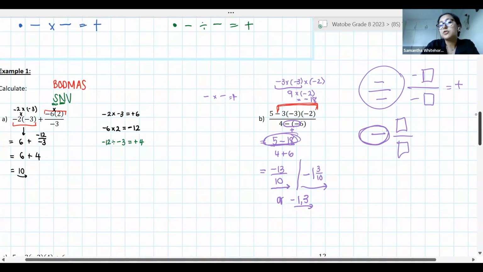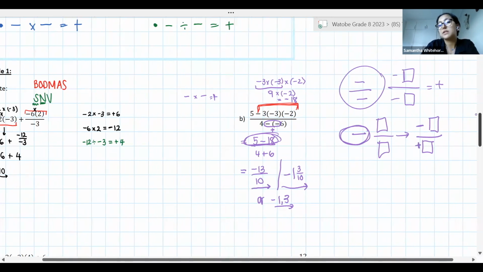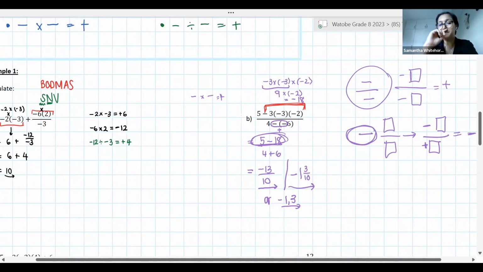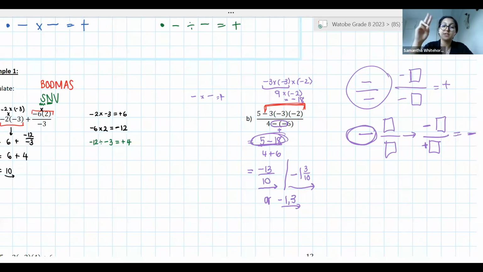But we will often put the negative in our numerator so that we remember we are dividing a negative by a positive denominator, because a negative divided by a positive gives us that negative. So there is a difference between the two. We just need to remember that if there's two negatives that becomes positive, if there's only one negative, then we're dealing with a negative. Okay, ma'am, thank you. Okay, good.